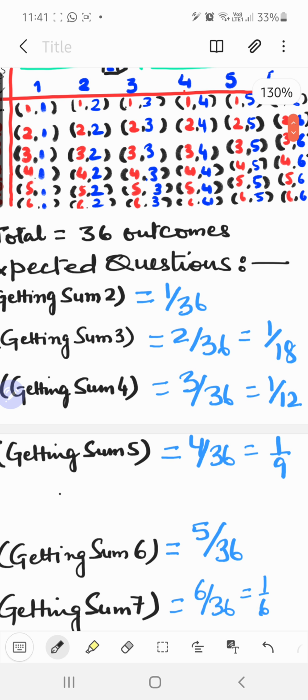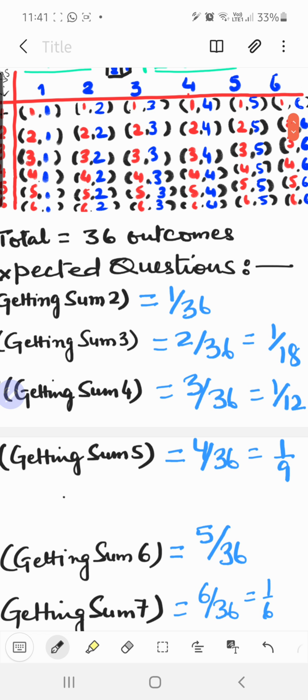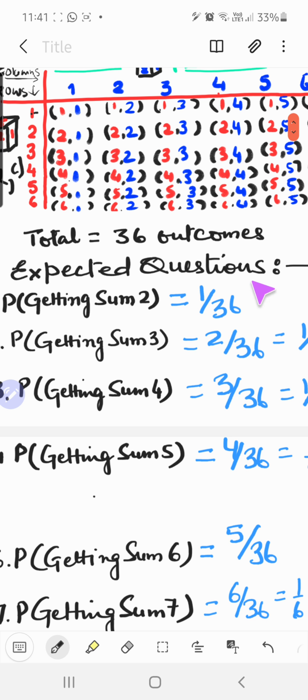Now children, let us do the expected questions. What is the probability of getting the sum 2? When we throw two dice together, what is the probability that we will get the sum 2? Now children, look here. This is the only case where you will get the sum 2: 1 and 1.